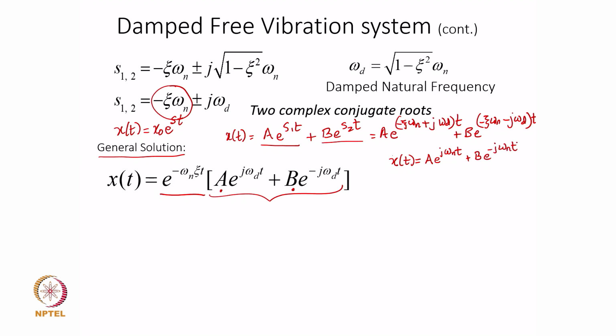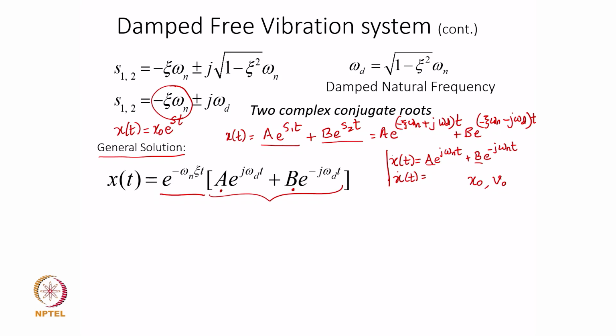Then we got an expression for the velocity, and we impressed the initial conditions at t equal to 0 for both displacement and velocity. Because of those two equations, the two unknowns a and b could be obtained in terms of the initial conditions x naught and v naught, the initial displacement and initial velocity.